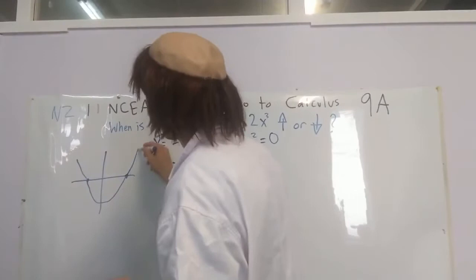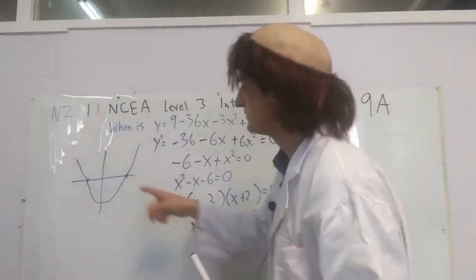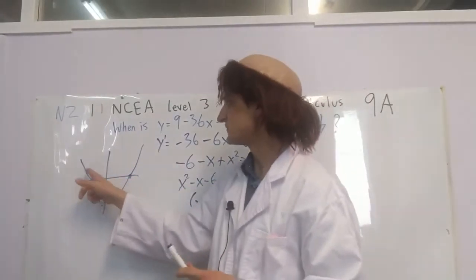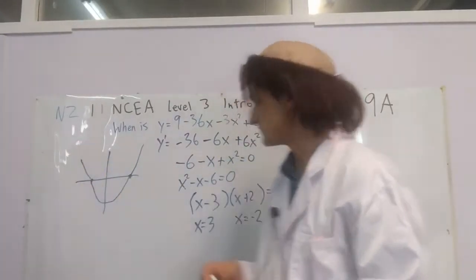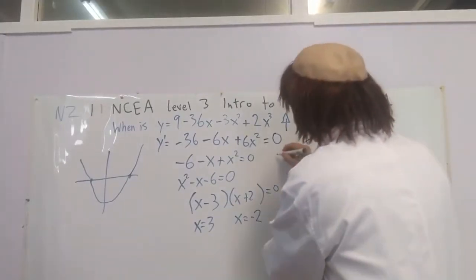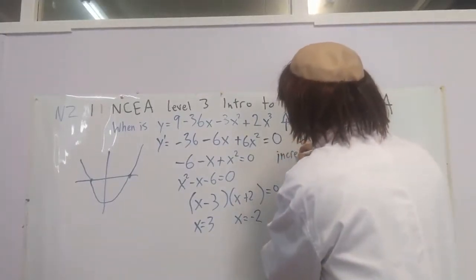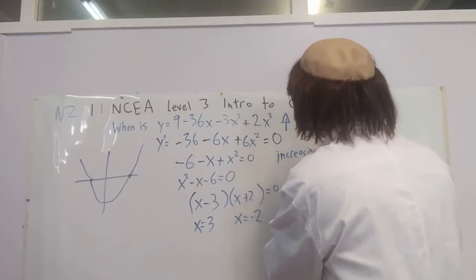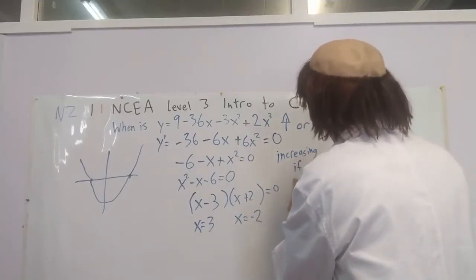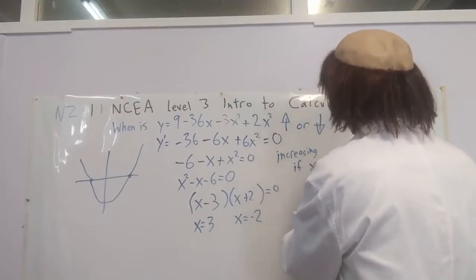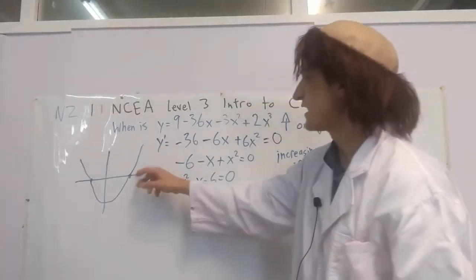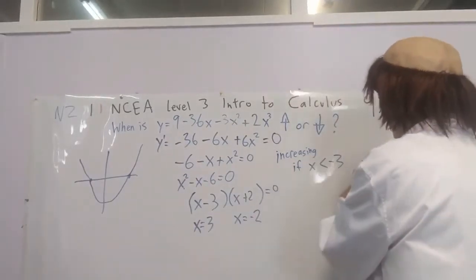So we can say that since this is the derivative, it has a positive derivative where x is less than negative 3. So it's increasing if x is less than negative 3. It's also increasing if x is greater than 2.